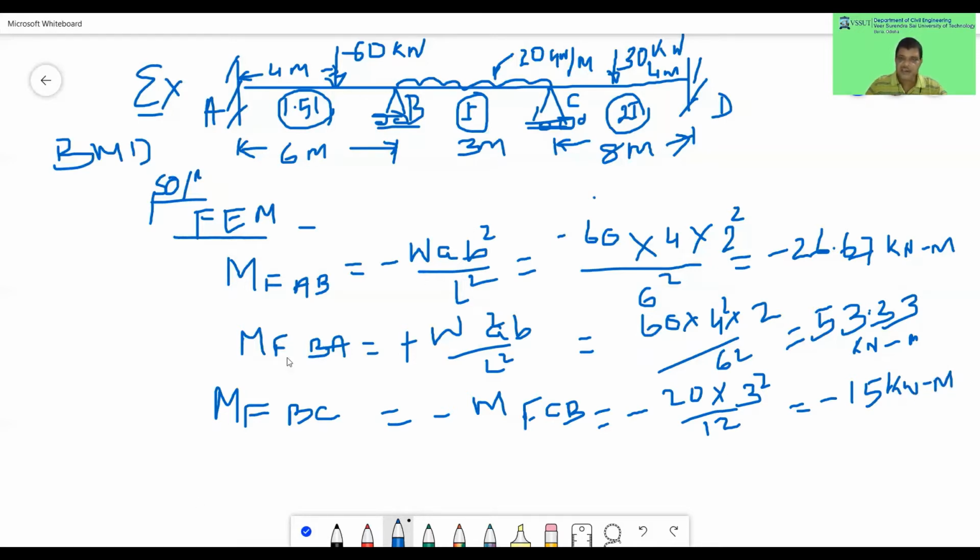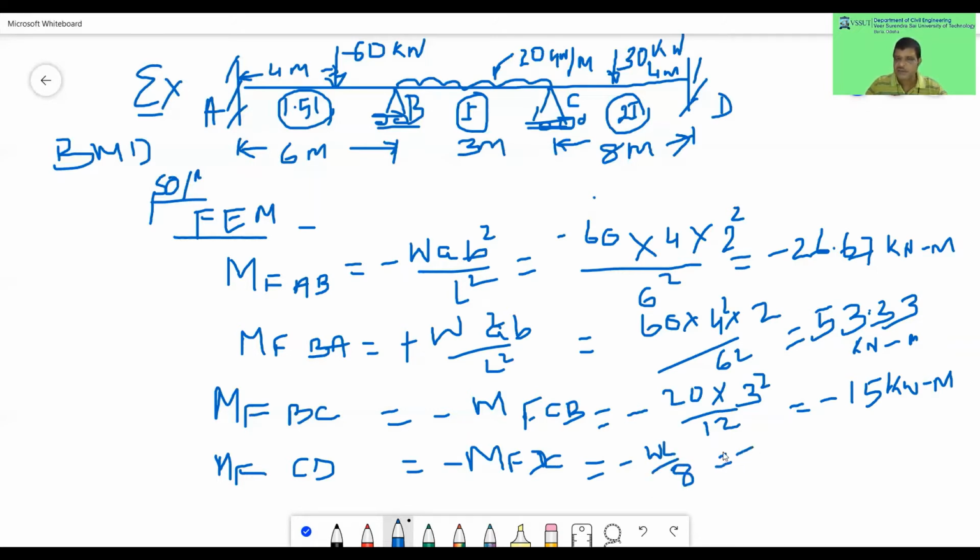Similarly, for the point load at the center, it will be minus WL by 8. So MFCD is equal to minus WL by 8. Right?